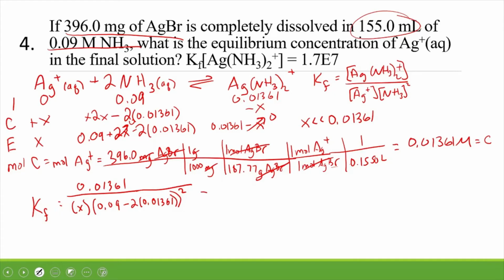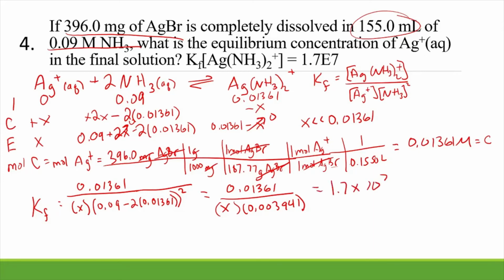Okay, and so then this becomes 0.01361 over X times 0.003941. And that is equal to KF, which is 1.7 times 10 to the 7th power. So you do some algebra and you wind up getting X, which is equal to the concentration of silver, is equal to 2.03 times 10 to the negative 7th molar.